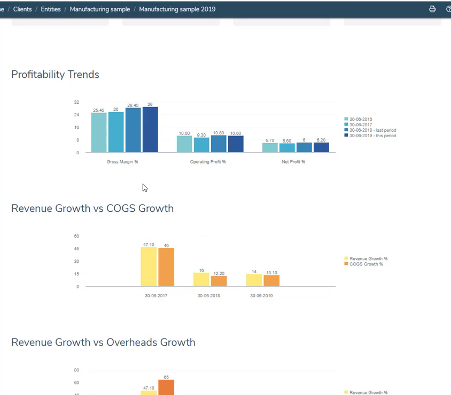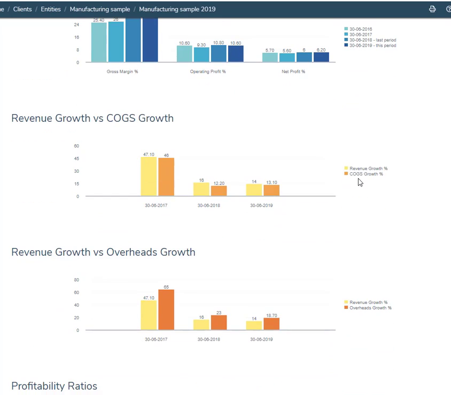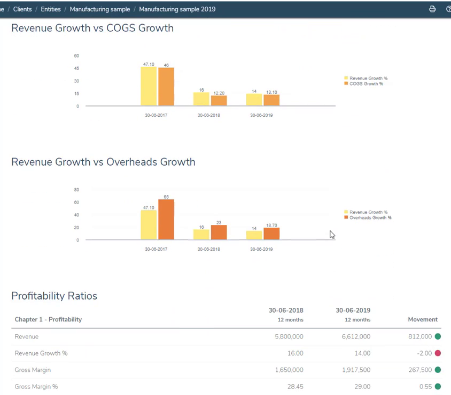So what it's showing is, even though our revenue is increasing, our profit margins, our profit is not really increasing. So our revenue growth compared with our cost of goods sold is pretty flat. Our revenue growth compared with our overhead growth is not good at all.